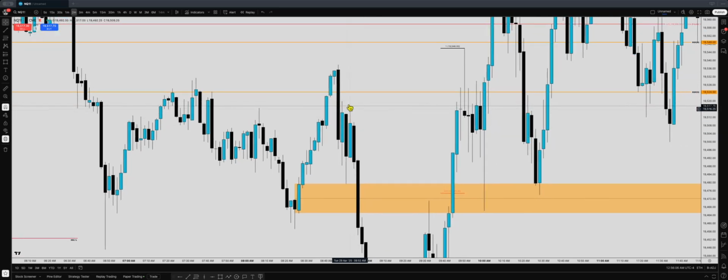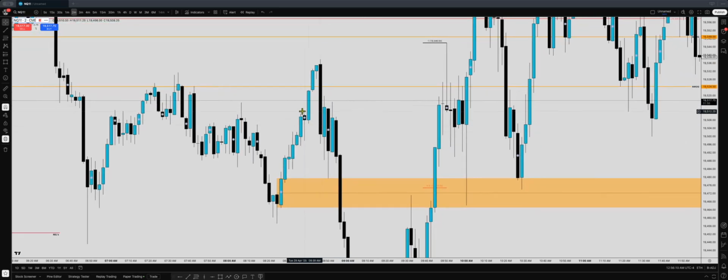However, price never came back into it. But we do have the inverse fair value gap right here. So you could have taken that, right? Inverse. I mean, we closed here, we have inverse, inverse, and then one regular fair value gap, which it never reached. But those would have been one of your 2 options as an entry.